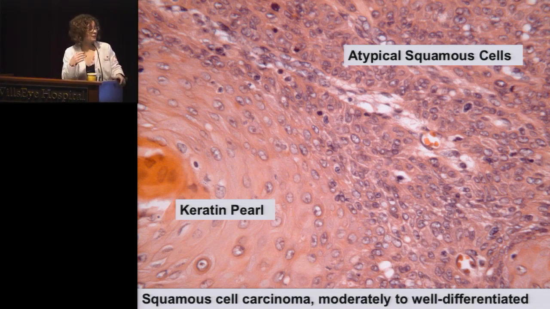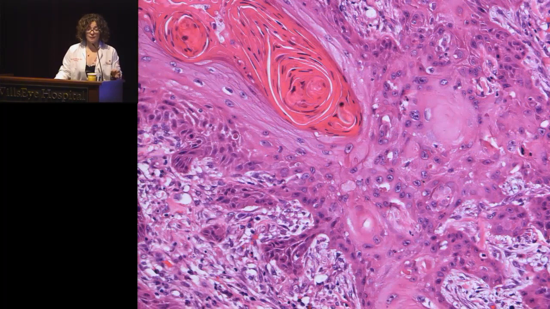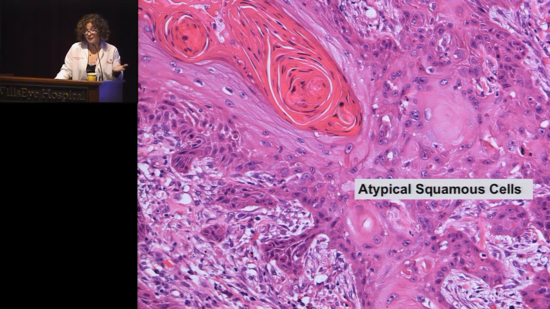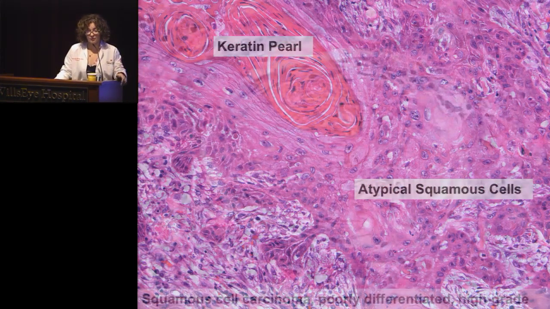So you can see here how the cells look frankly atypical, but they still have polygonal shape like normal squamous cells, and they have intracellular bridges like normal squamous cells. And they produce keratin like normal squamous cells, and that gives us the clue that this is squamous cell carcinoma.